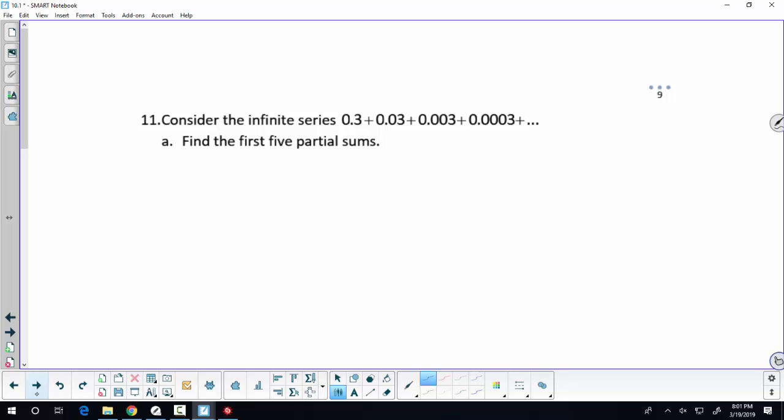So consider the infinite series 0.3 plus 0.03, etc. Let's find the first 5 partial sums. The first partial sum is always the first term, so the first partial sum is 0.3. The second partial sum is the sum of the first 2 terms, and that's equal to 0.33.